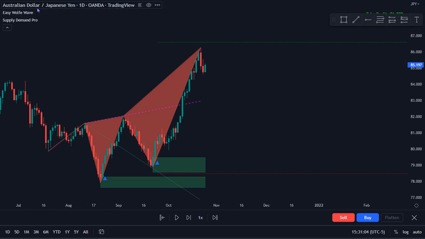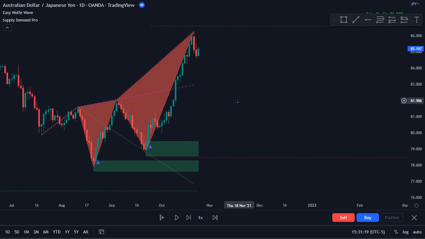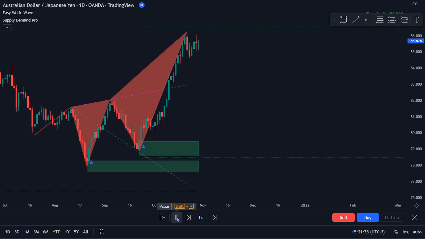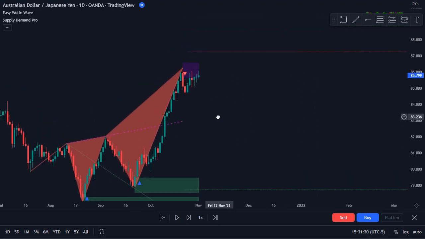I've got the Australian dollar, Japanese yen daily chart here. And as you can see, right as this down candle forms, we now have this bearish Wolfe wave. And so as I play it out some, you're going to then see the Supply Demand Pro right here pick up this supply zone.